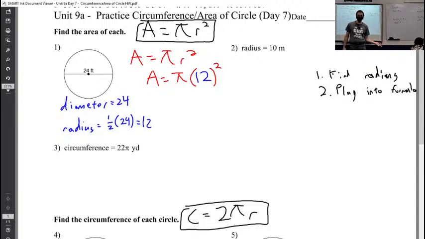And I don't want a messy decimal. So all I'm going to worry about is the stuff that isn't pi. I'm going to work that out, and then I'm going to stick a pi on at the end of it. And that is our answer in terms of pi. So in this case, I'm going to deal with everything that isn't pi. That's 12 squared, which is 12 times 12. That's 144. And then I still have the pi, so I'm just going to stick a pi on there.